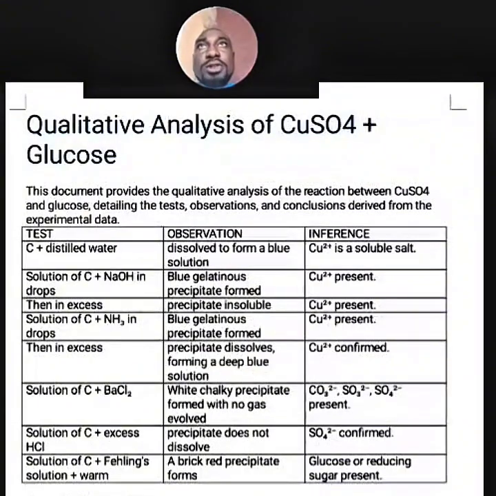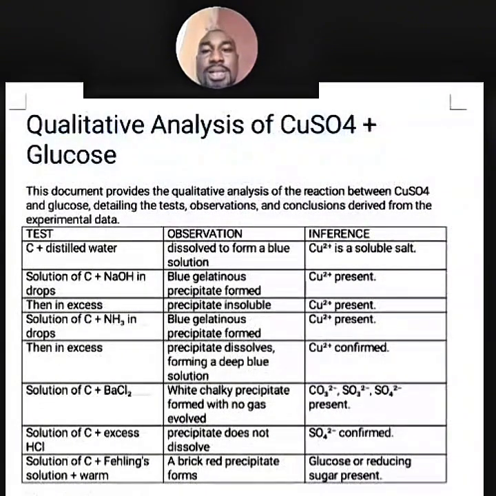Remember, copper sulfate is blue in coloration, so it will form a blue PPT. Precipitates are the undissolved salt. Now your inference will be copper 2 ion present, because of the blue coloration. Then you might be asked to add the sodium hydroxide in excess.